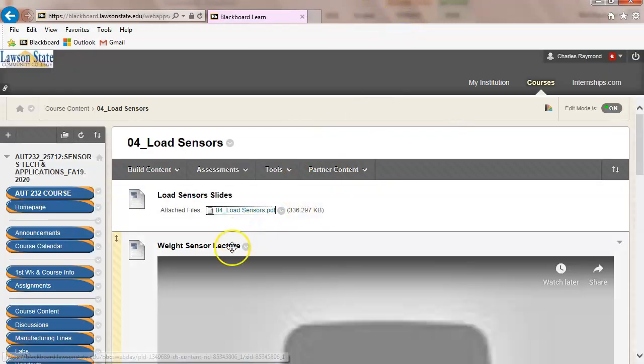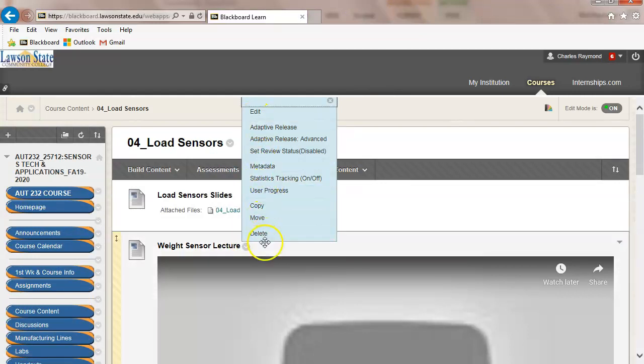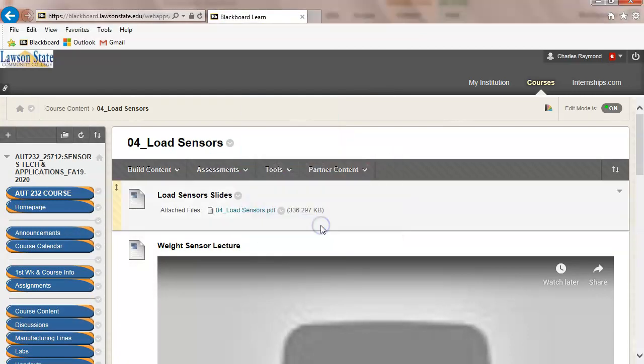So, load or weight. This is something that we measure quite often, right? Let me delete this, by the way. Yeah, scales.